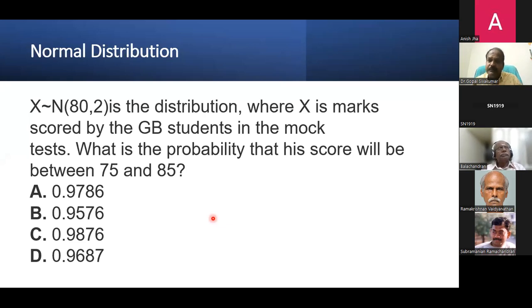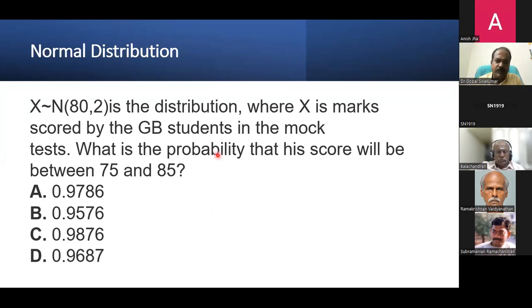So far, you have conducted many exams. According to the many exams you have conducted, the class average is 80. The class standard deviation is 2. Our understanding about the entire class is 80 and 2. That will remain same. That is the basis for our decision making. If the class average and class standard deviation changes, then the whole scenario will be new.